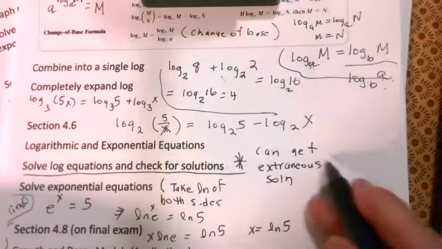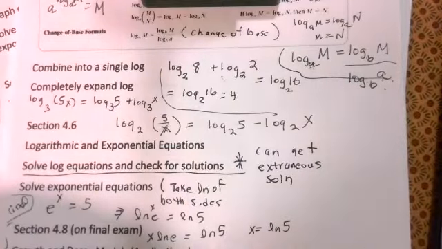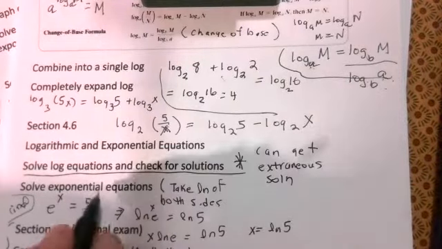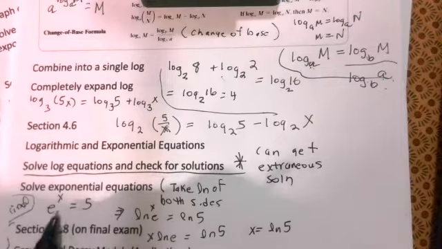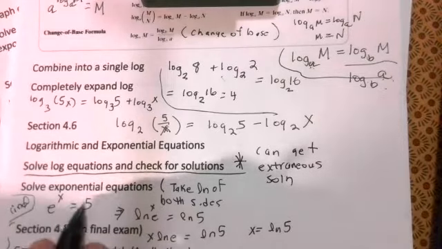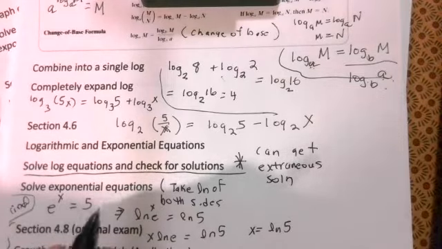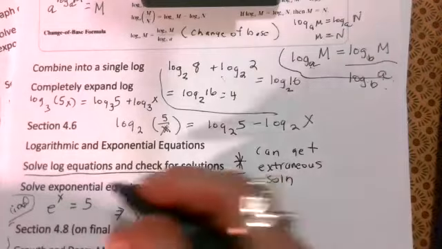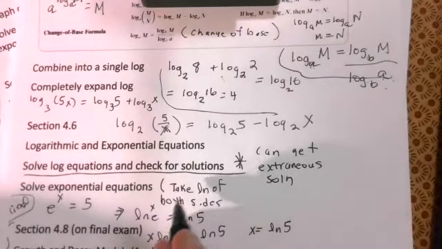When we're solving a log equation, we have to check for extraneous solutions. So if you have to solve an exponential equation and you can't rewrite each side with the same base, and even if you can, you can still do it this way.